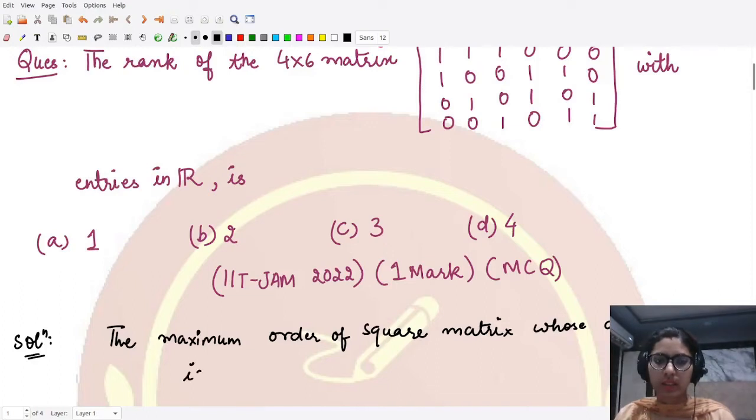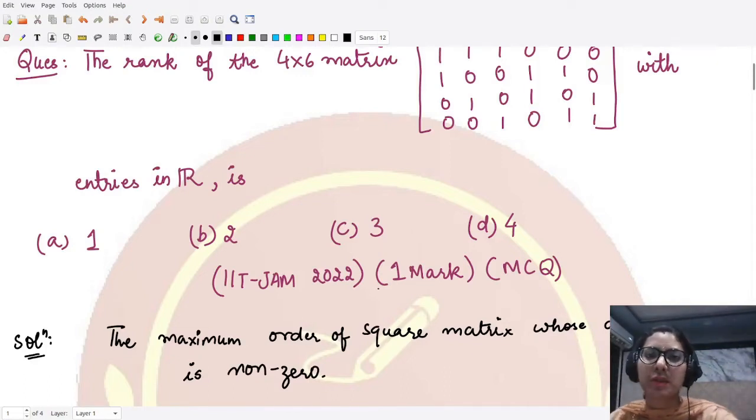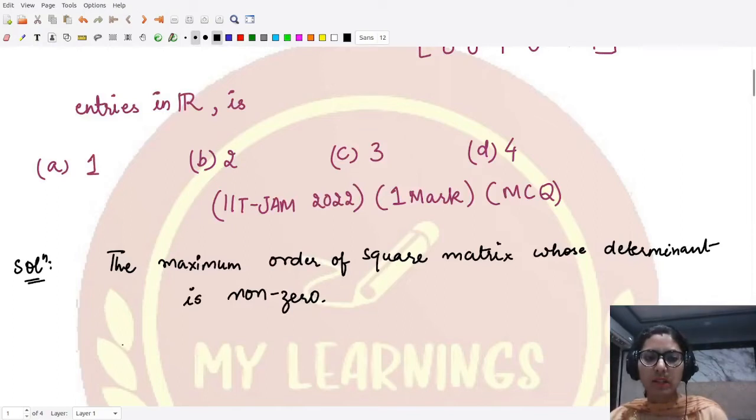If you are able to get one such matrix whose determinant is non-zero, then that maximum order would determine the rank of the given matrix. But we also have an alternative way.